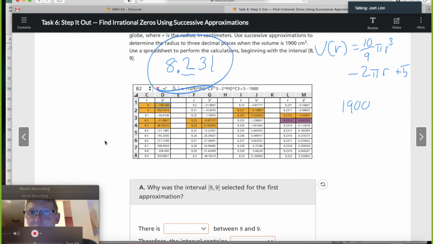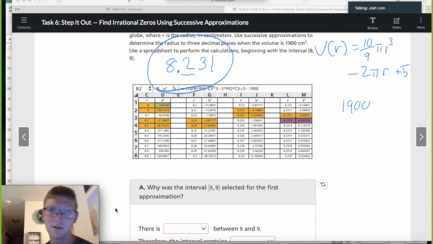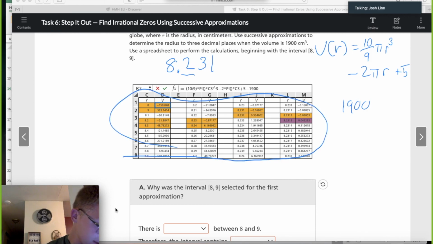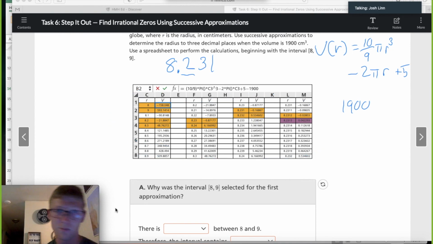Again, this is not something that I'm going to specifically test you on. I already talked to the pre-calculus teacher. It's not something that she's going to use, but it's a really important concept because this is something that might actually happen in the real world. You might be using either Excel or a computer program to figure these things out for you.